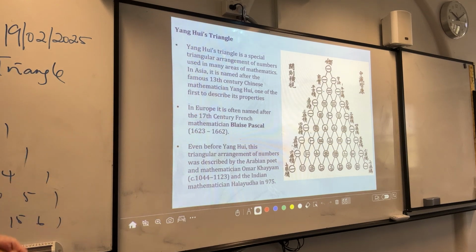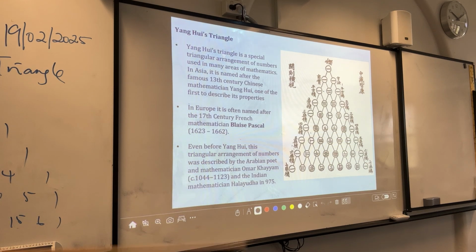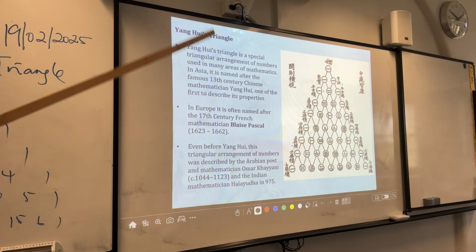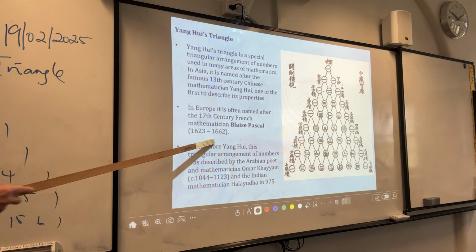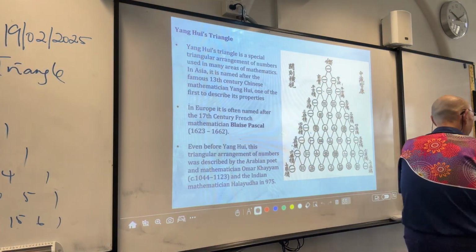Some mathematician in China in the 13th century, Yang Hui, was actually the first to discover this property. Even before Yang Hui, this triangular arrangement of numbers was described by the Arabian poet and mathematician Omar Khayyam. So it is not new, but Pascal is the one who made it famous, and everybody is calling it Pascal's Triangle.